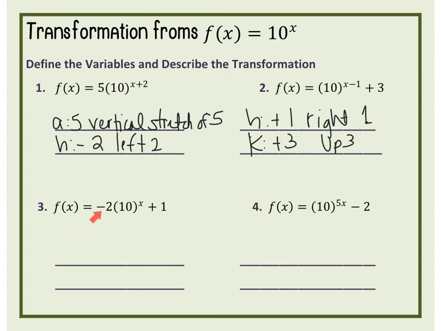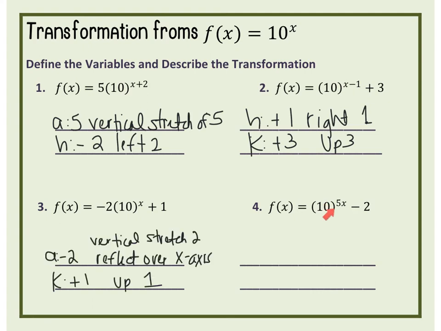On the next one, we have an A value. This -2 is going to be a vertical stretch of 2 with a reflection over the x-axis. There is no H in here, so this is a K value, and the graph is going to go up 1.